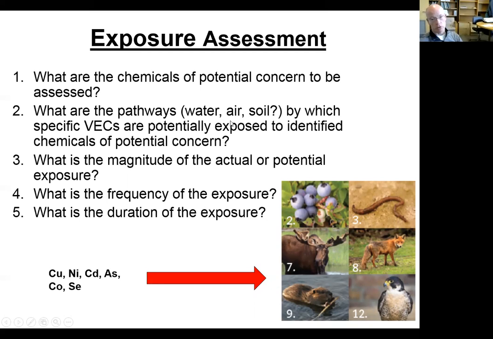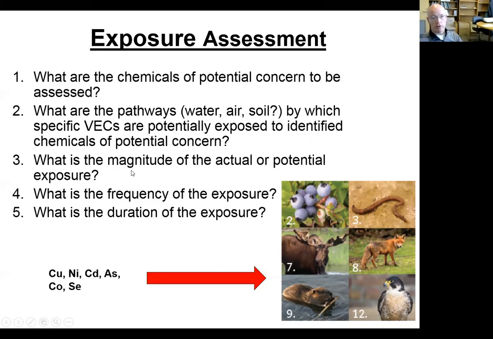You are trying to be protective. So when you have a range of values, you will typically assume the highest value that you've measured, because that's what's out there. Same with the soil.